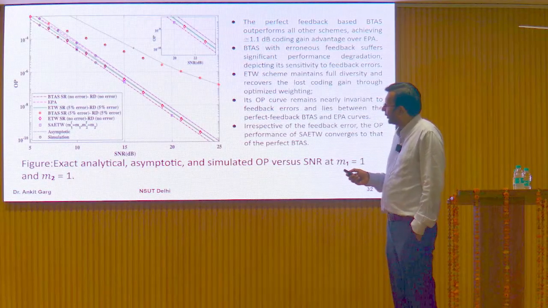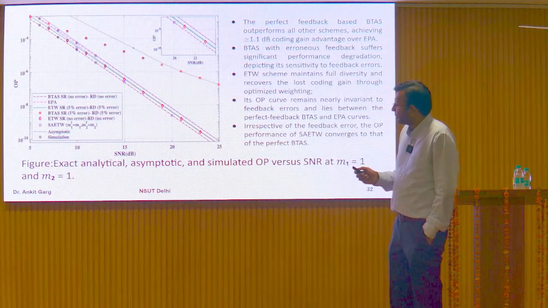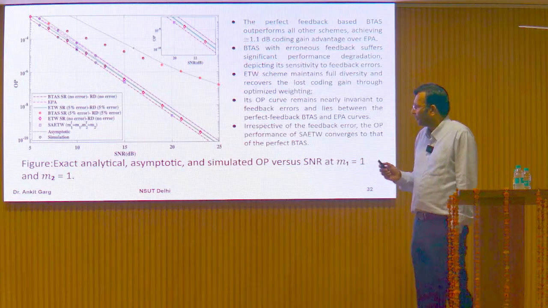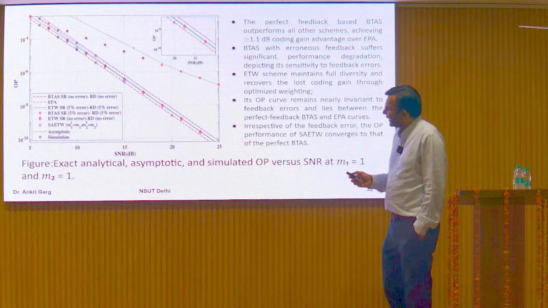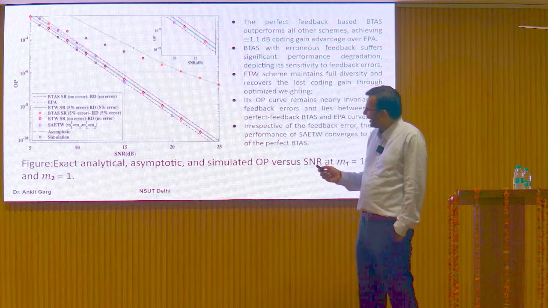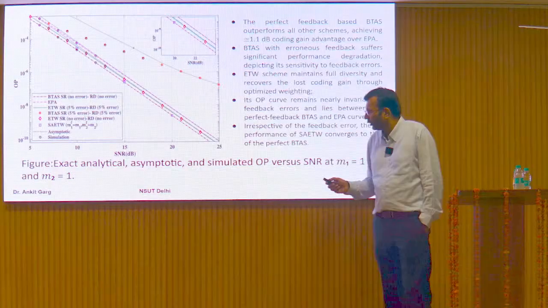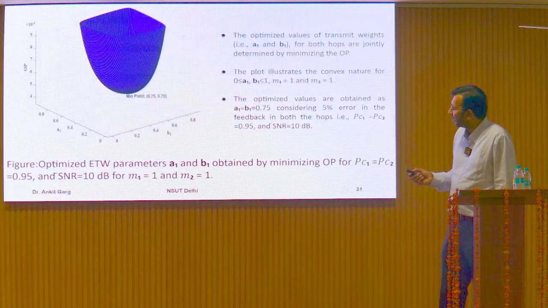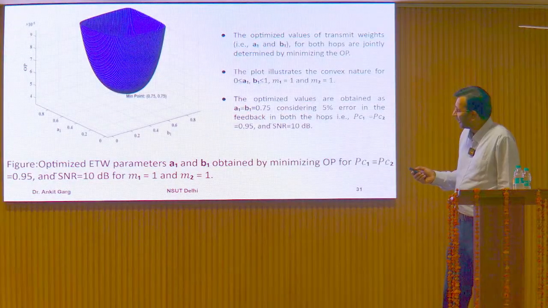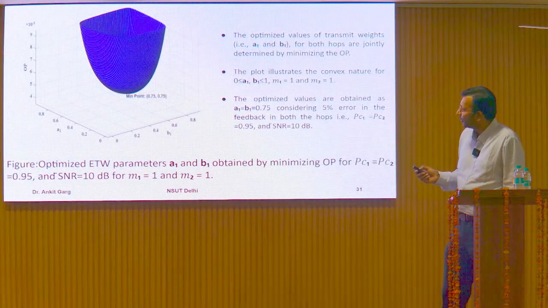EPA, equal power allocation, is used for both hops: we provide equal power to the source and relay. Then the worst-case scenario is where we have an error in the first hop and an error in the second hop, and we use the optimum power from this graph. For 5% error, we have 0.75 and 0.75.